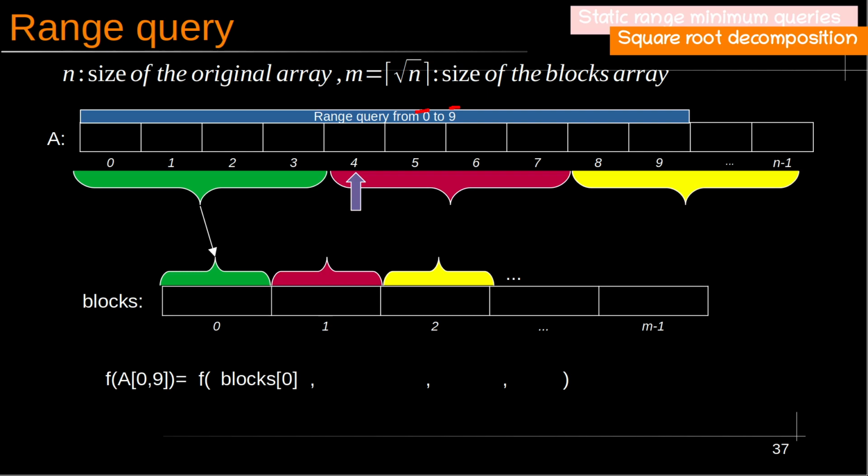The answer is yes. Can we use this entire block? The answer is yes too, because 4 plus 4 is less than 9. So we can use this red block in the result, in the computation blocks of 1. As you see here, instead of running over all the cells here, we just use this block.